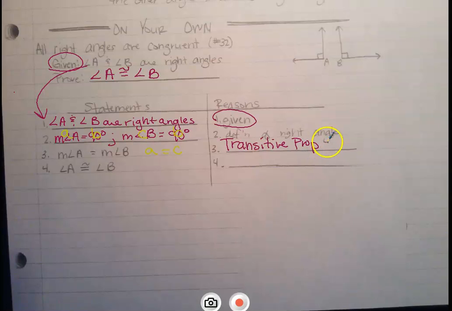So you could call it the transitive property, or what other thing could you call it maybe? Not the symmetric, because that says if A equals B, then B equals A. The substitution.